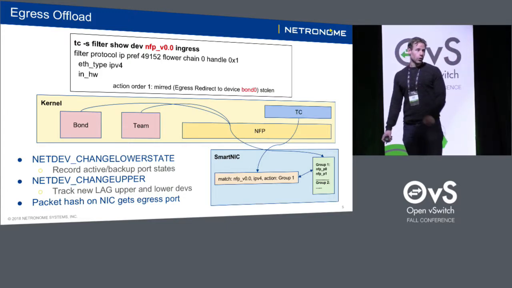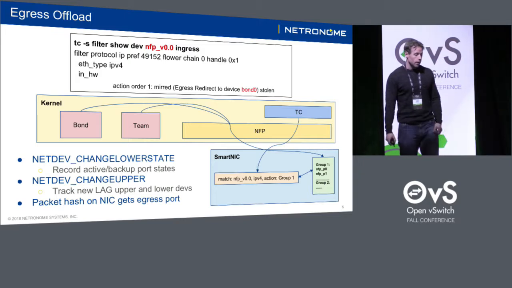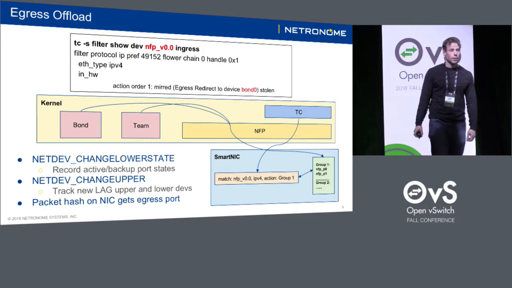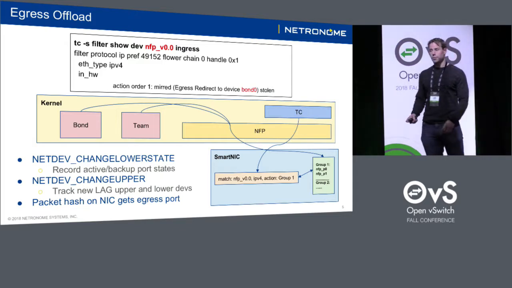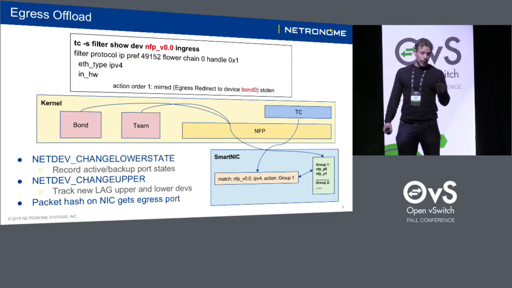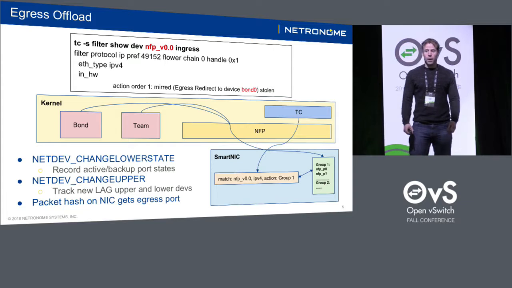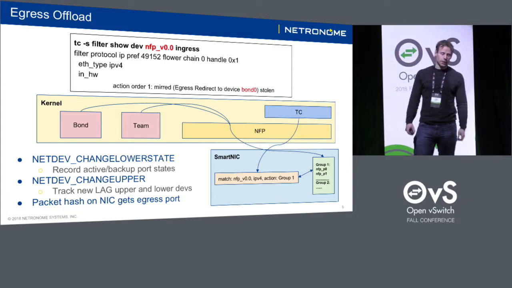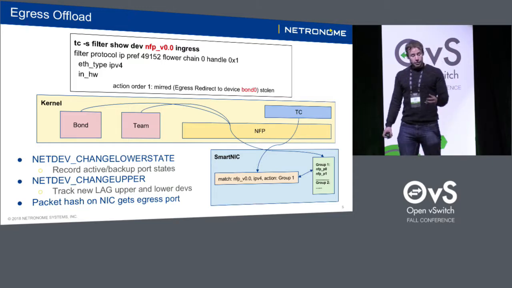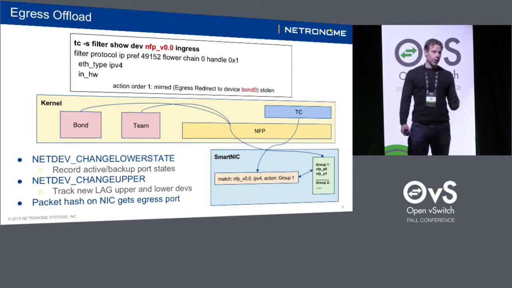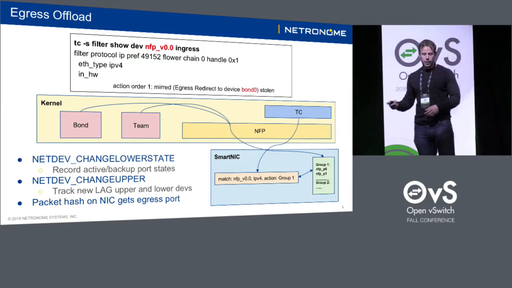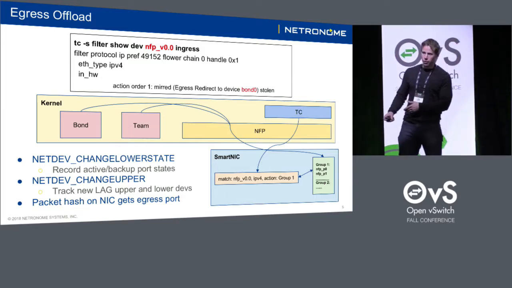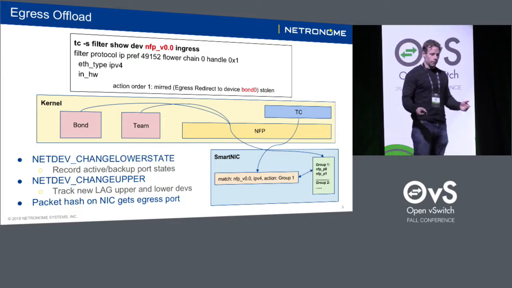When the packet arrives into the card itself, it will do a hash of the packet and use this hash value to select a given port from the group. And we effectively achieve the load balancing outcome that we want here. We also do our active backup in this same manner, but we simply only assign one port to a given group. So we get that for free in a way.